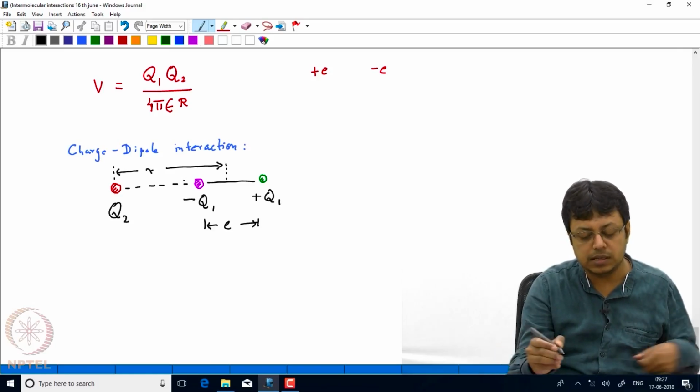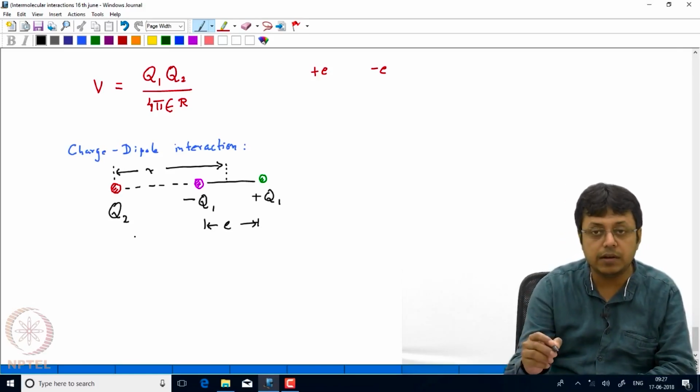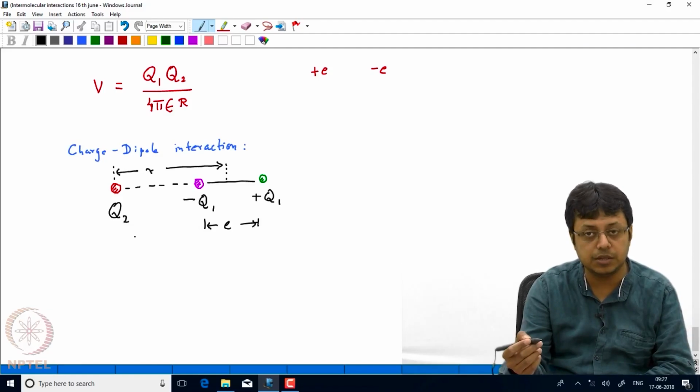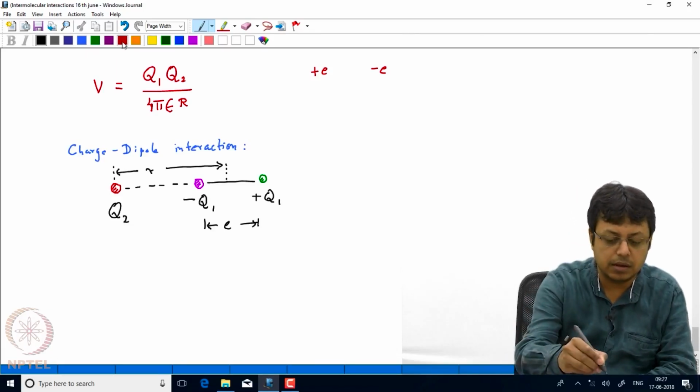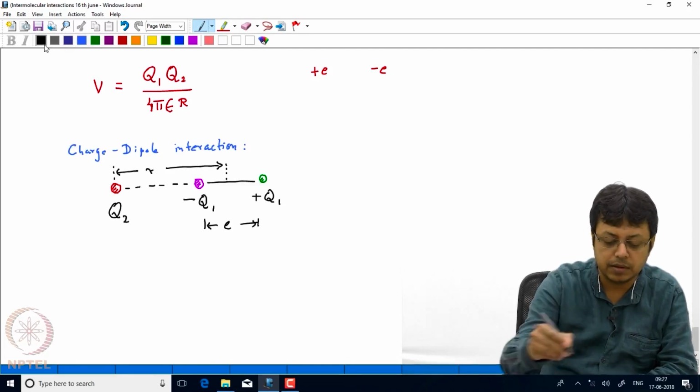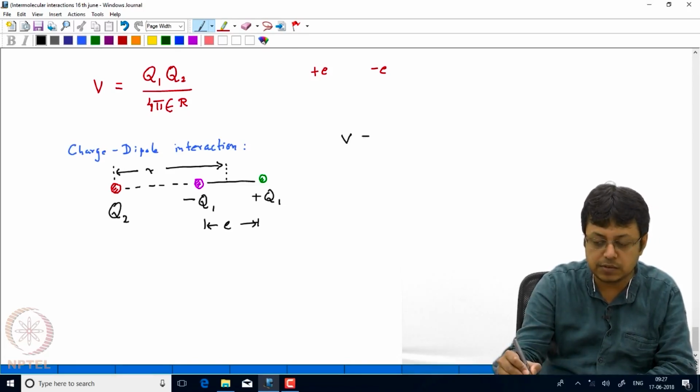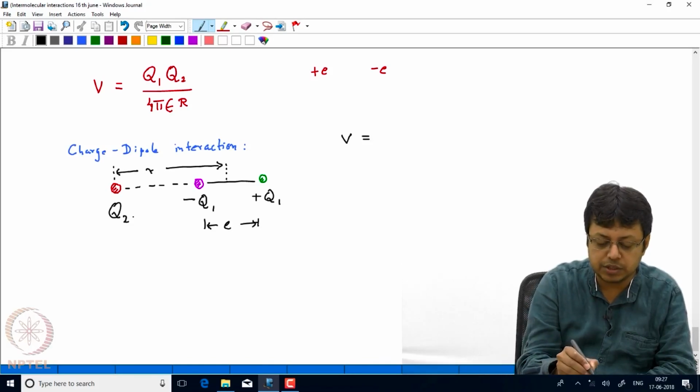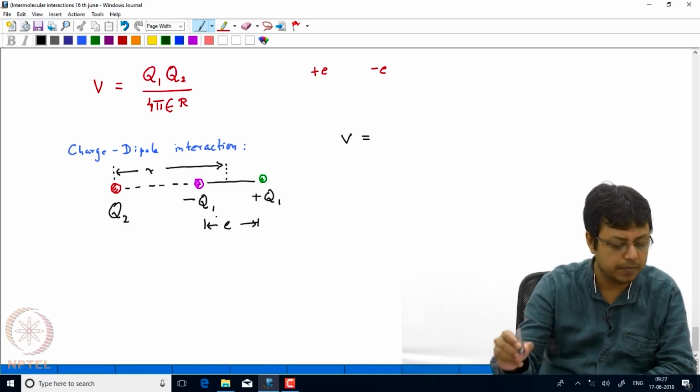So this charge Q2 will interact with either of the charges, plus Q1 and minus Q1, and that will give rise to an addition of potentials. If I have the potential as V, I first have to consider the interaction between Q2 and minus Q1.